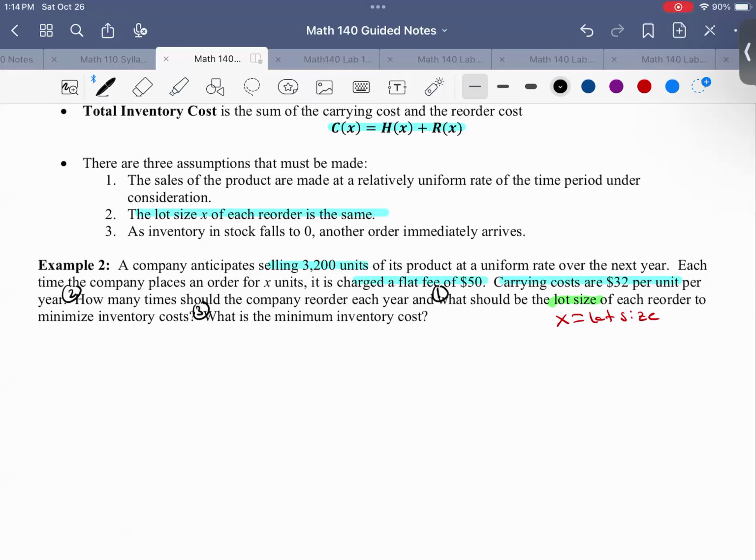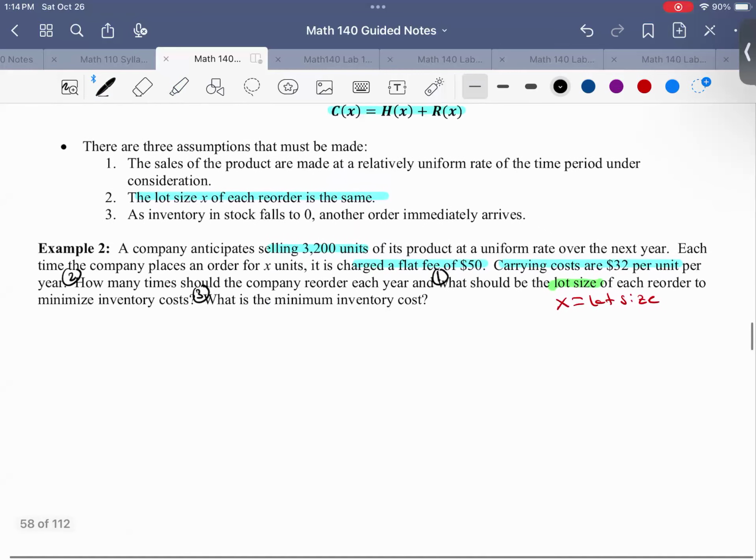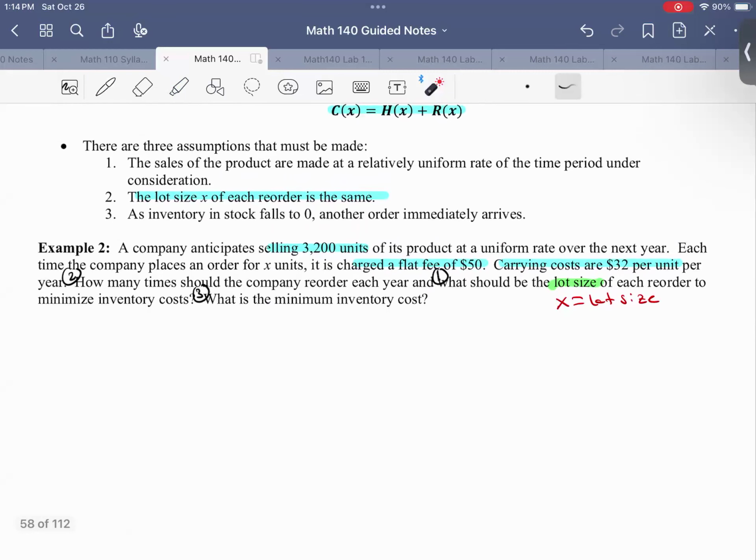So a couple of things first about this question. Since the company anticipates selling 3,200 units, that means it could place any order of size up to 3,200.